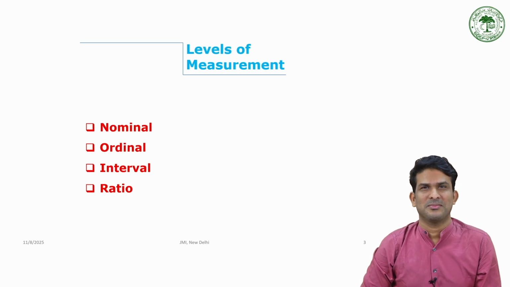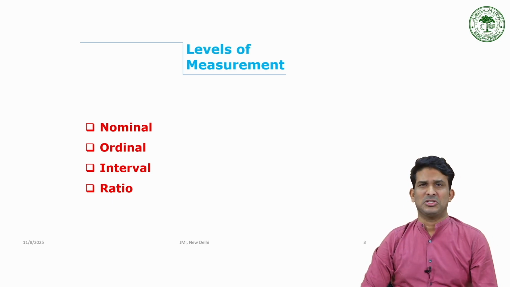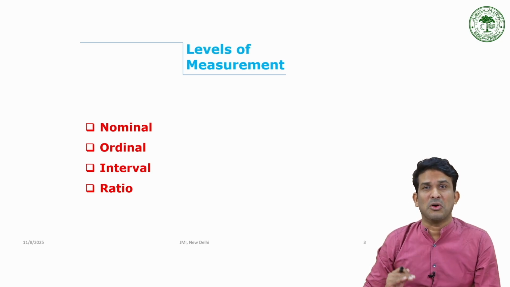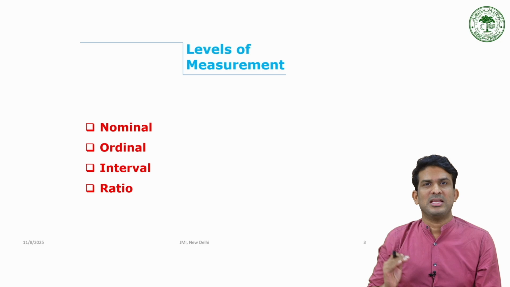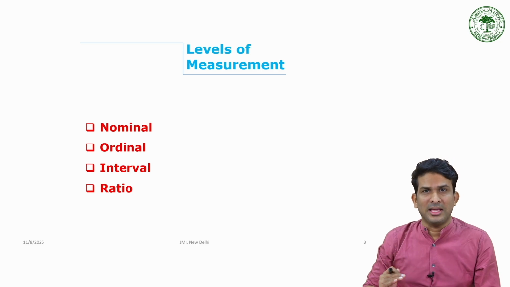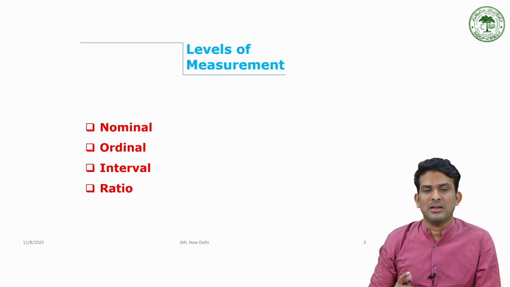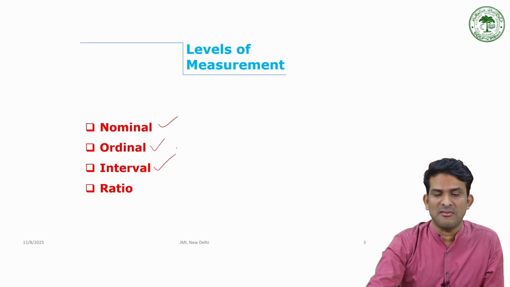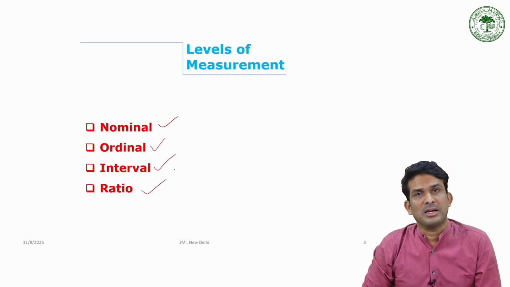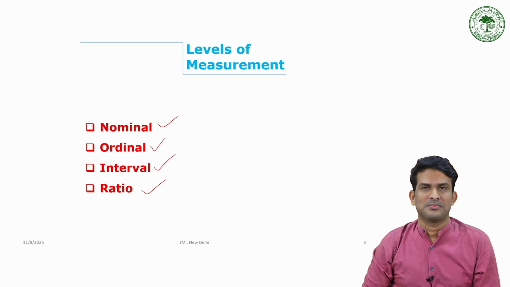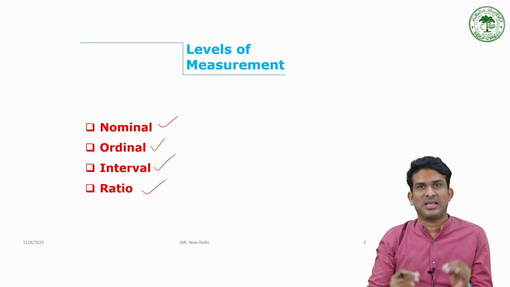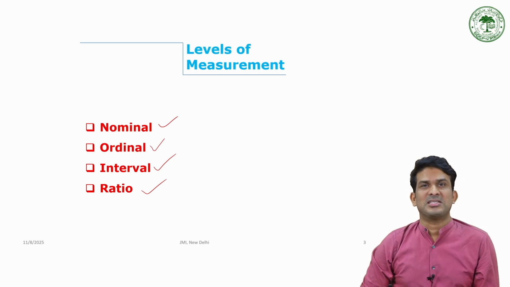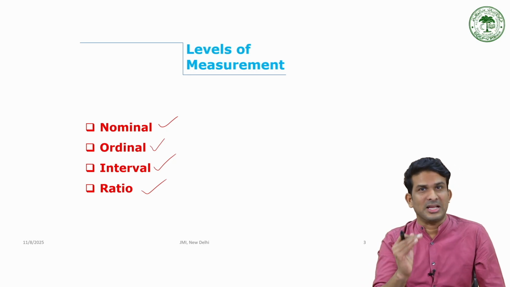In every research, we consider a specific variable in one way or another: either as a nominal variable, an ordinal variable, an interval variable, or a ratio variable. This is very significant before we discuss different statistical analyses, and chi-square is one of them.